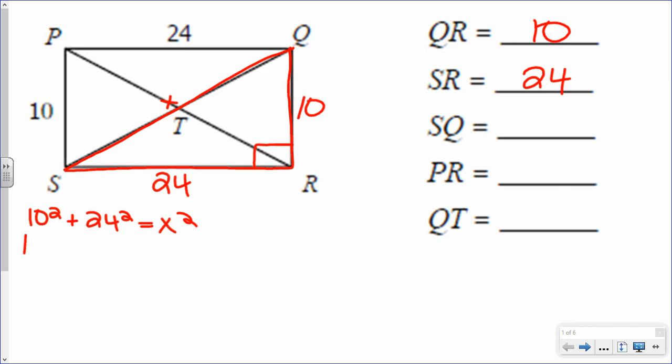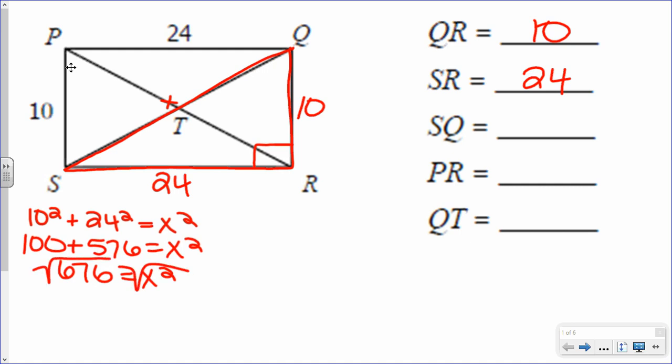And then we go ahead and solve that. So we get 100 plus 576 equals x squared. Add them up: 676 equals x squared. Then we're going to take the square root, and that's 26 is equal to x, which means SQ is equal to 26.